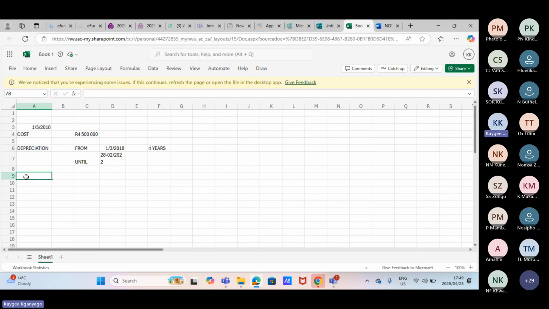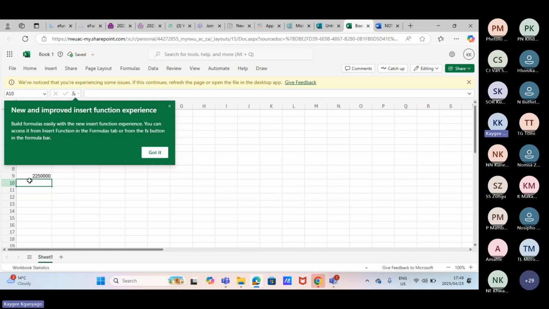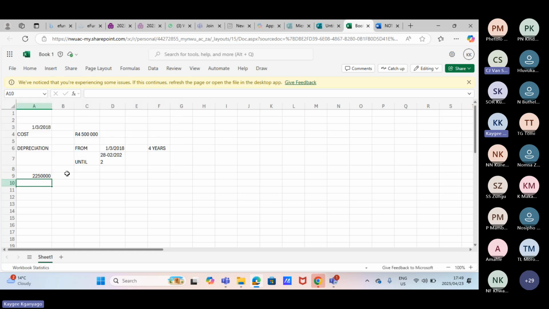So my depreciation will be 4,500,000 divided by 20. Do you agree my depreciation per year will be 225,000? Yes. Multiplied by 4. Per year, ne?